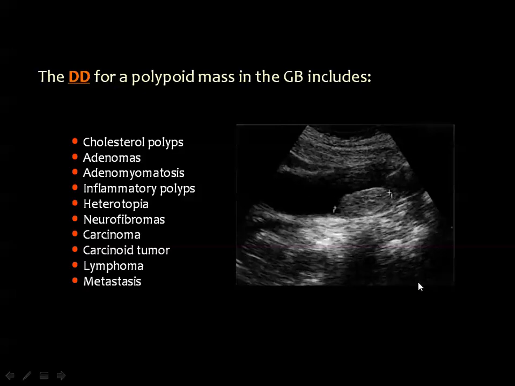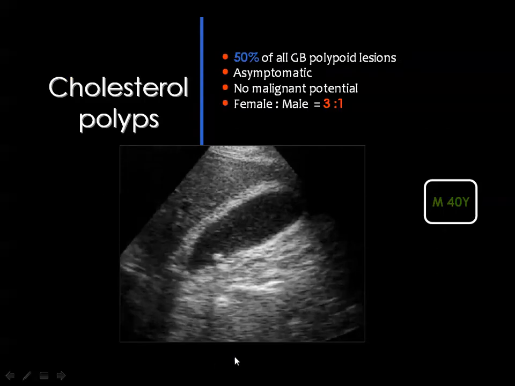The differential diagnosis of gallbladder polyps is long, and it includes mainly cholesterol polyps, which are common, but adenomas, adenomyomatosis, inflammatory polyps, carcinoma, carcinoid, lymphoma, and metastasis can be included in the differential diagnosis. As I have said, cholesterol polyps are common.